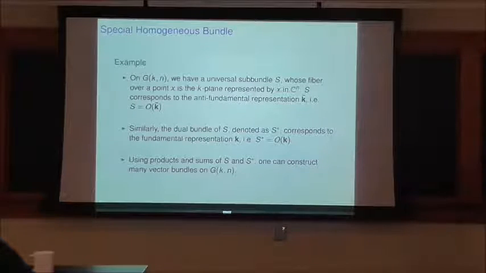So whenever you see your theory has fundamental and anti-fundamental representations, they will contribute a factor like this in the IR. And using products and sums of S and S star, and also their dual bundles, you can produce a huge class of homogeneous vector bundles on the Grassmannian G(k,N), and we'll be using them a lot later.